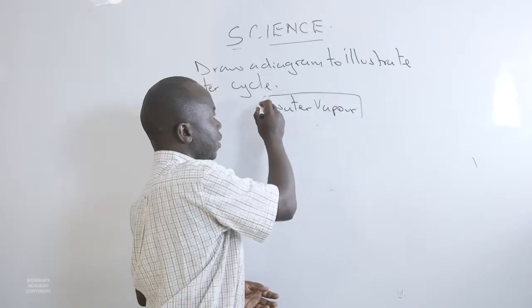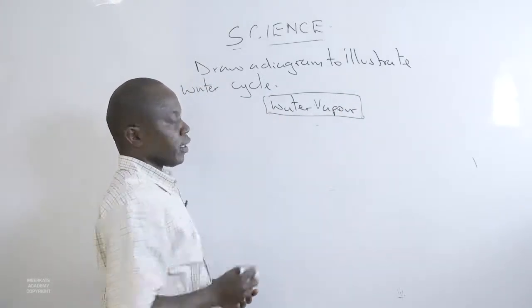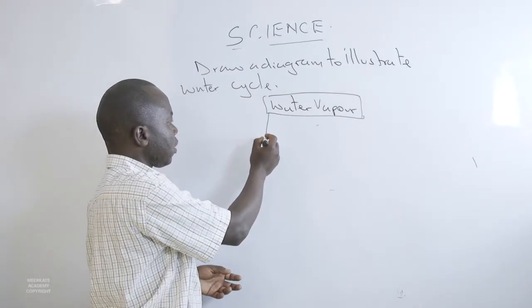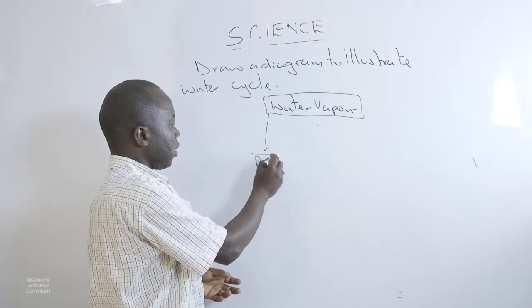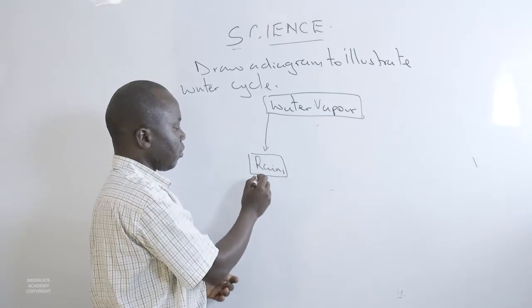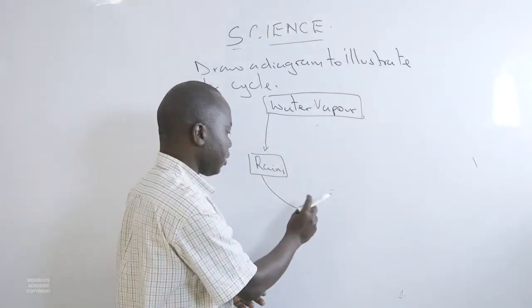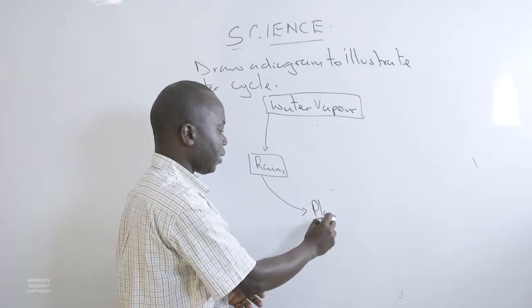But this water can condense and form rains, and the rains will fall on land, where it will be absorbed by plants.